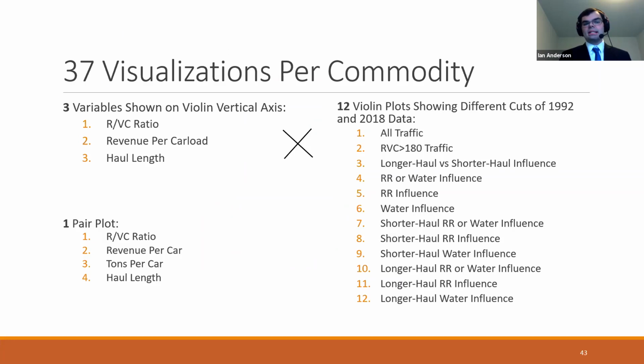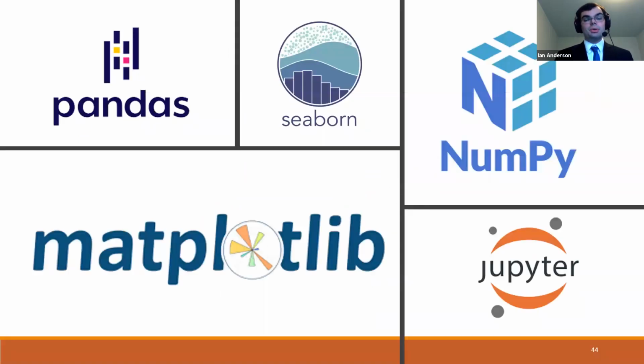These data visualizations are iteratively produced by a Python script, which is stored in the open source Jupyter Notebook format. The script employs several widely used open source Python data analytics libraries, including Pandas, a tabular data manipulation library, Matplotlib, which is a library underlying plot creation, Seaborn, another plotting library, and NumPy, a high-performance data manipulation and statistical exploration library.